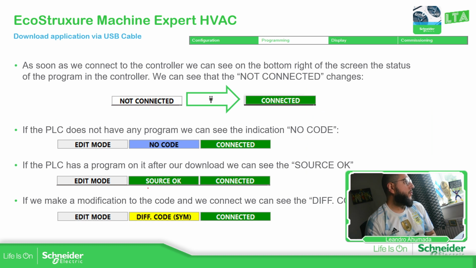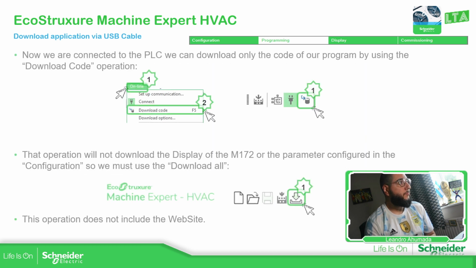This one: source okay, no code, and diff code sim. Why sim? I don't know. But these are the three different states that we have. So now that I'm connected, I'm able to download the application.